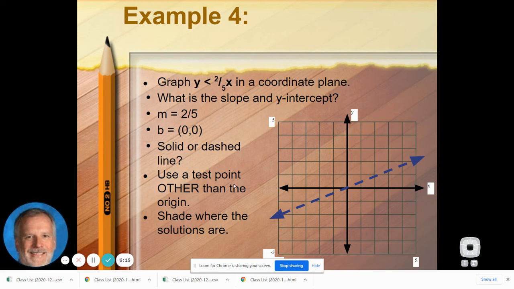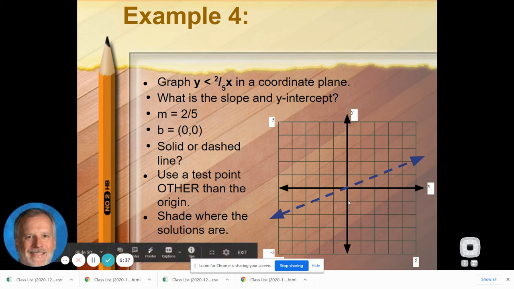Now, again, I can still use a test point to figure this out. Do I shade above or below the line? And I can do that by selecting this point, 0, -1, or even 0, +1. It wouldn't really matter.